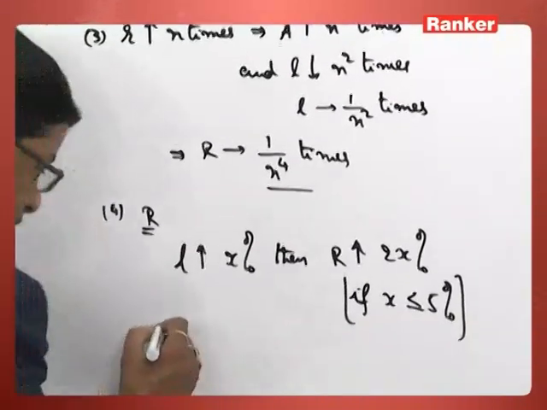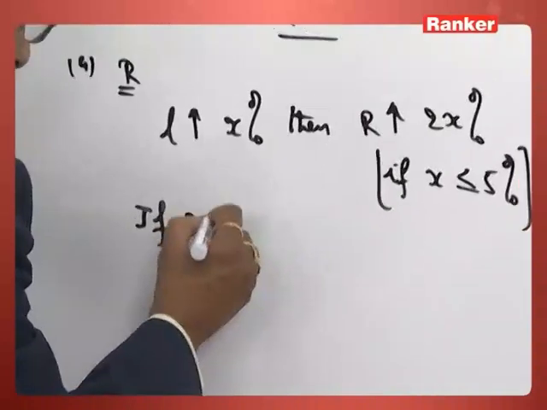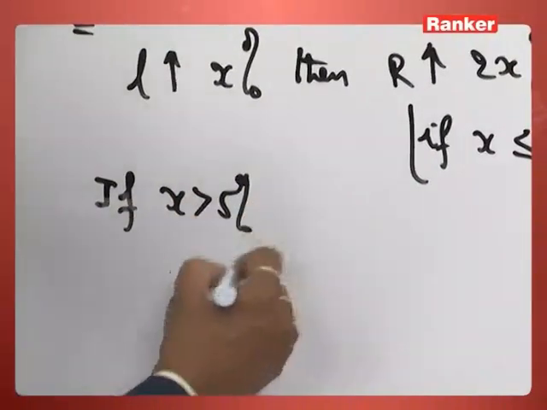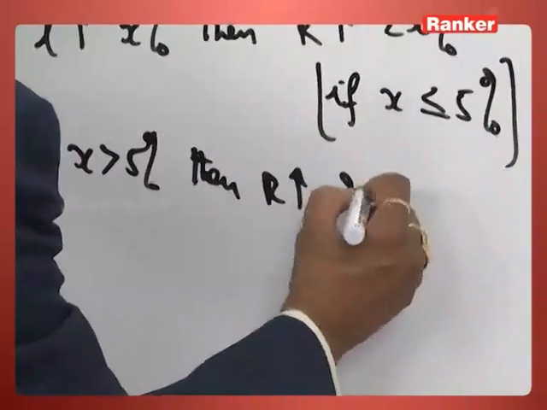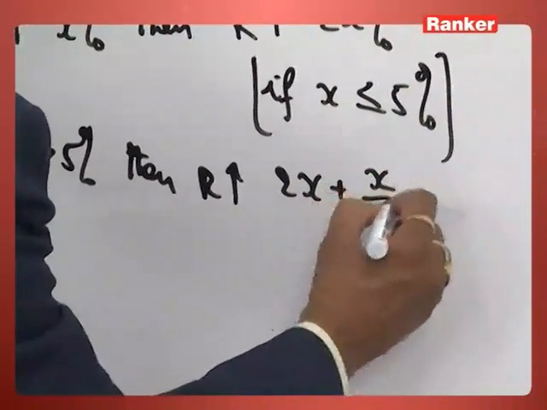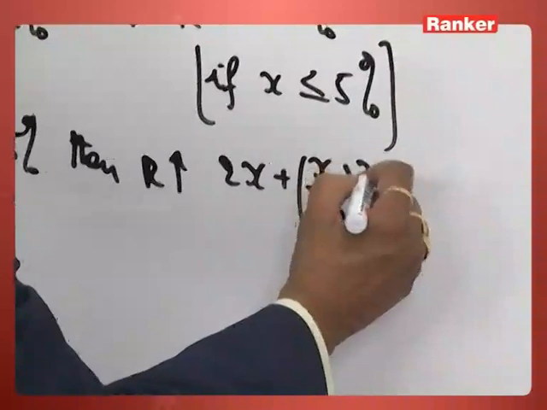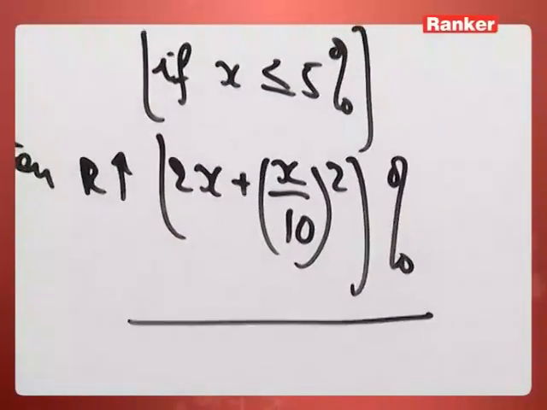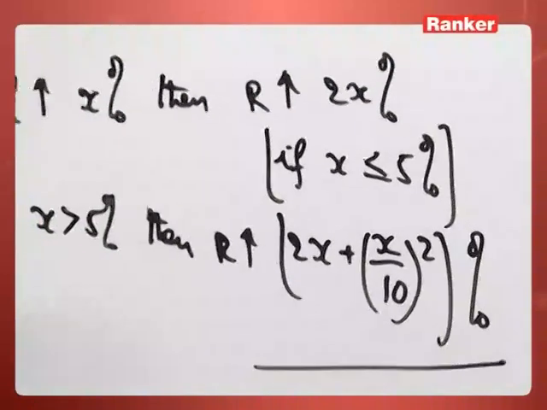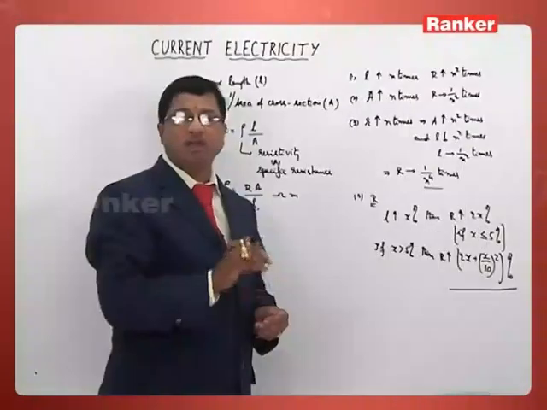Suppose x is greater than 5%, then the resistance increases by 2x plus x by 10 whole square percent. This is the shortcut equation which can make you get the result directly without much of a calculation.